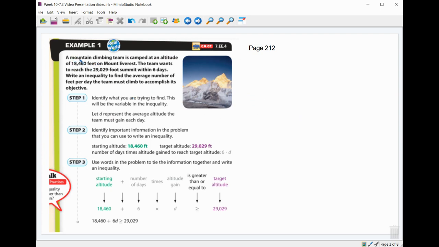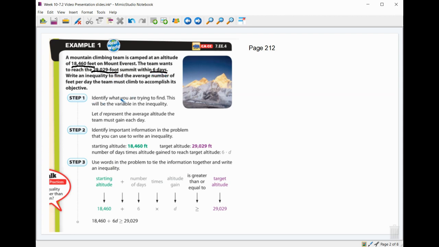First and foremost, we want to take the information that we have in the problem and break it down to see how we can come up with an inequality. So let's read this one more time. A mountain climbing team is camped at an altitude of 18,460 feet on Mount Everest. The team wants to reach the 29,029-foot summit within 6 days.